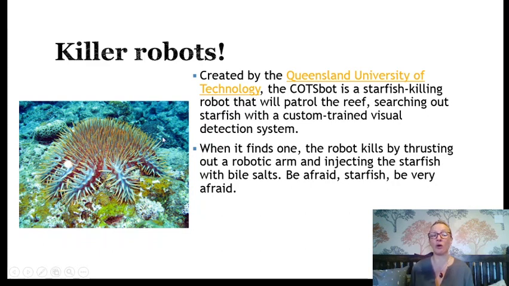So agricultural runoff increasing the amount of nitrates that you've got in the water, and then this crown of thorns population booms. So you get really, really high population of the crown of thorns starfish, and they will eat large areas of coral. So Queensland University have invented these COTSbots, which are starfish killing robots. So they'll detect the crown of thorns starfish and they'll search for it, and then they'll destroy the crown of thorns starfish.